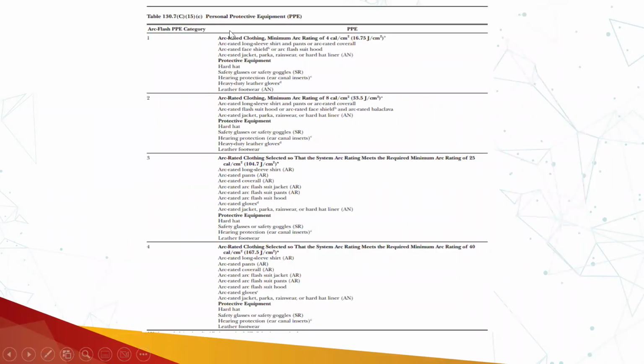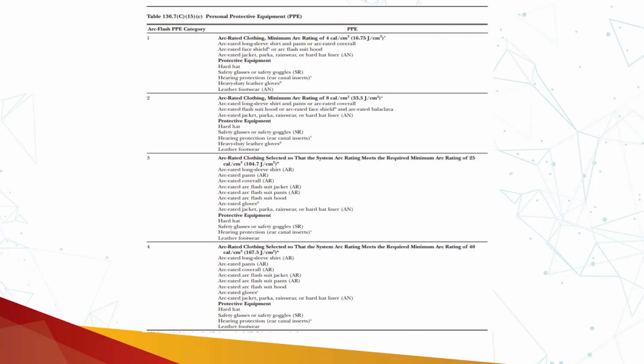This PPE category method does not directly talk about calories per centimeter square. It talks about PPE category 1, and indirectly that PPE category 1 corresponds to minimum arc rated clothing of 4 calories per centimeter square. So if you see PPE category 1 written on the labels, you can think that this PPE will provide you protection up to 4 calories per centimeter square.